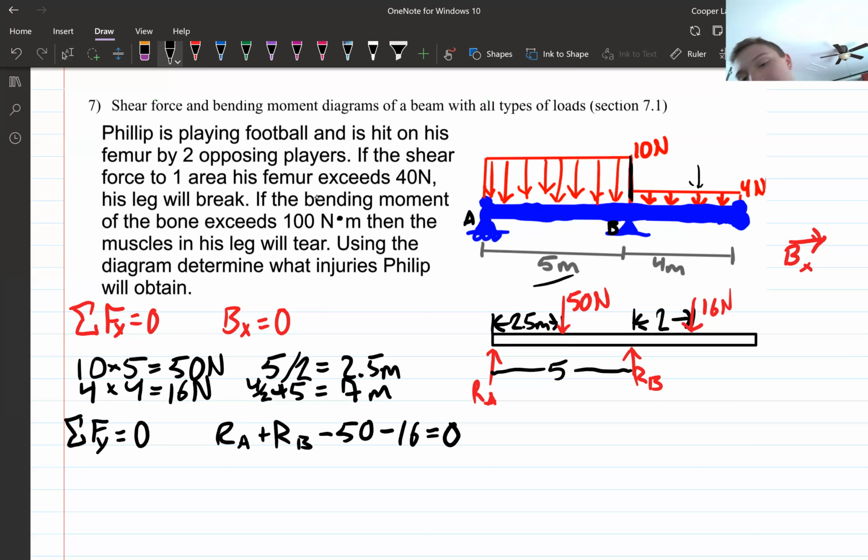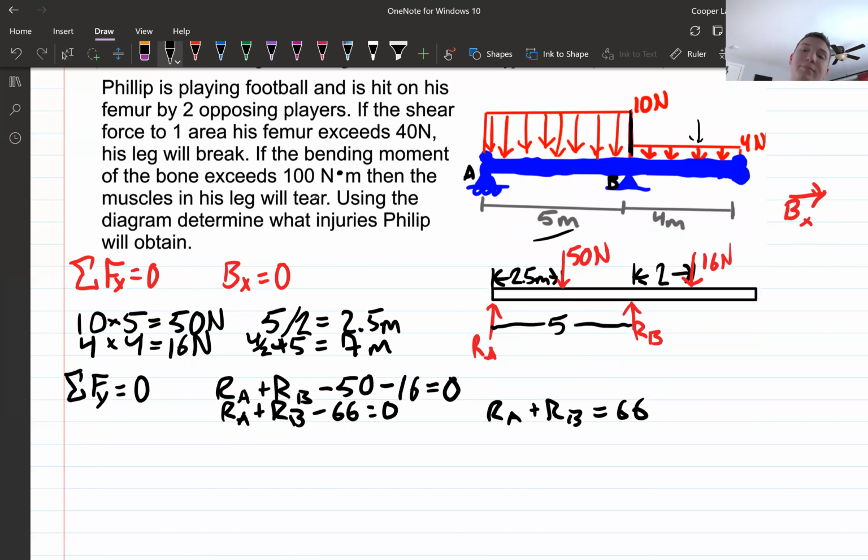Simplifying, R sub A plus R sub B minus 66 equals 0. Adding 66 to the other side, R sub A plus R sub B equals 66.